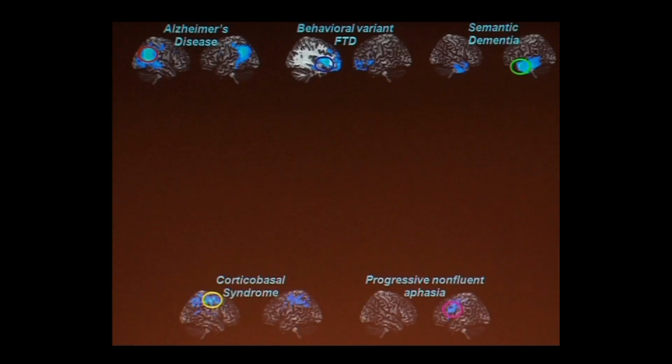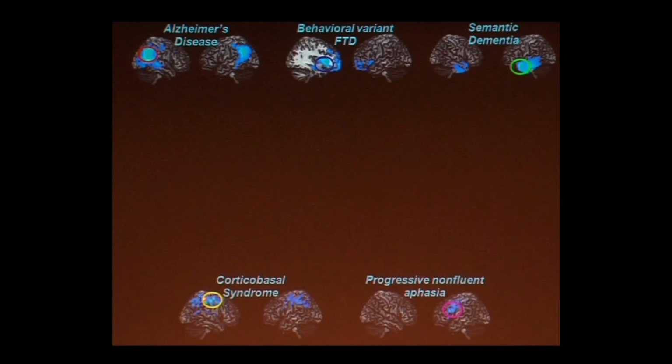So we see these particular clinical problems in our clinic routinely, and we gathered up patients with each of these different syndromes. We made atrophy statistical maps, shown here in blue, just as I had shown you before for behavioral variant FTD. And you can see that each of these maps is quite different at the group level when you do this statistical test.